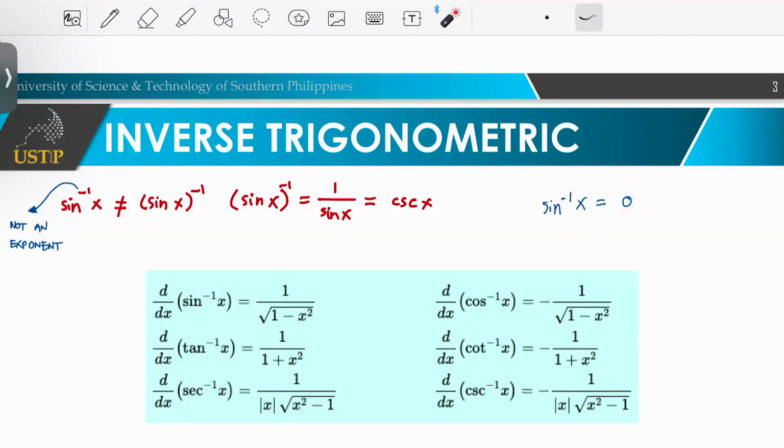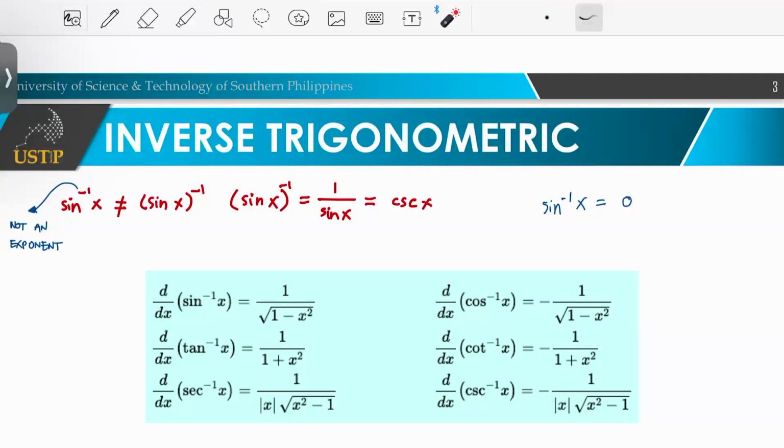It could be 0, pi, 2 pi, 3 pi, and so on. That's different from 1 over sine; here, the angle itself is what we are looking for.